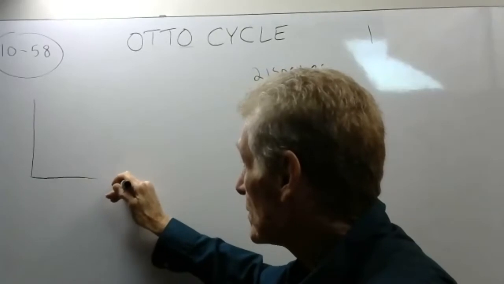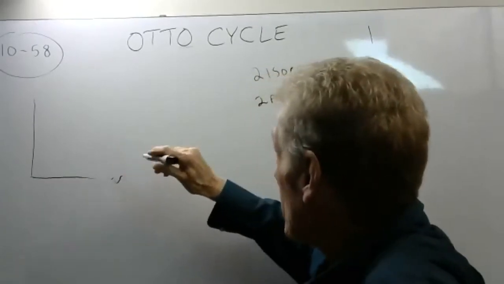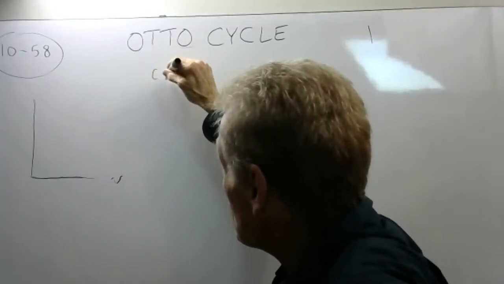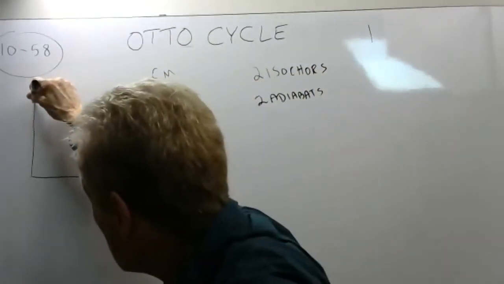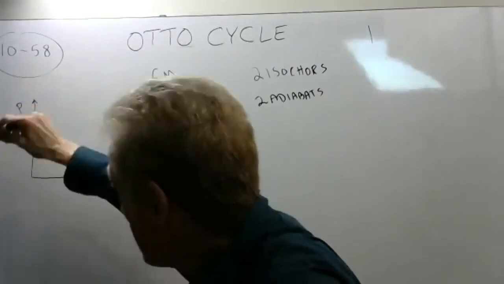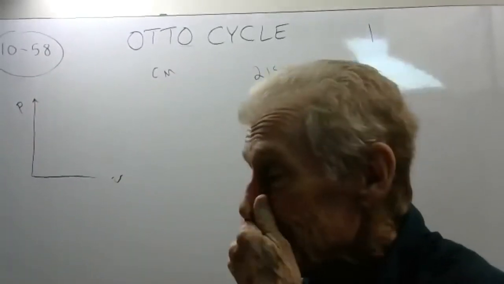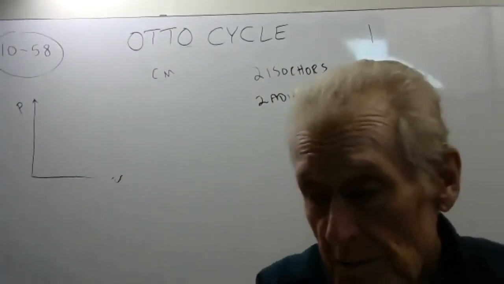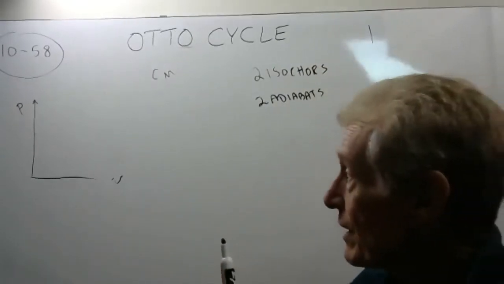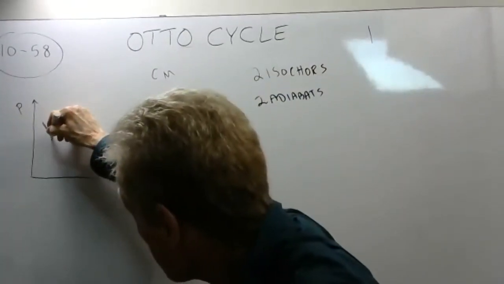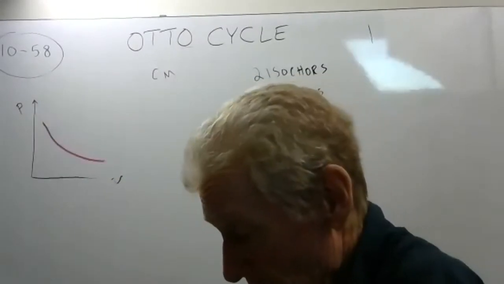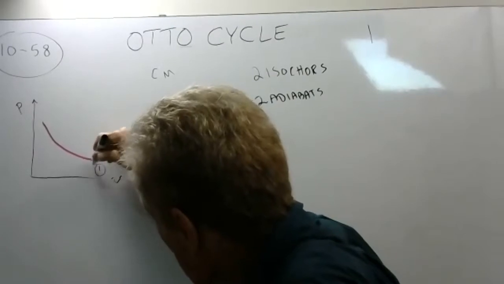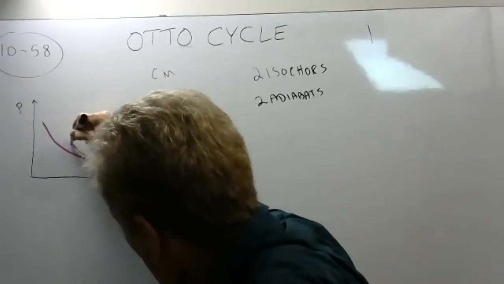And the Otto cycle is treated as a control mass, piston cylinder. And you know you have isotherms. Let me find my red pencil here. You know you've got isotherms that go kind of like that. But adiabats are steeper. They kind of go like that.